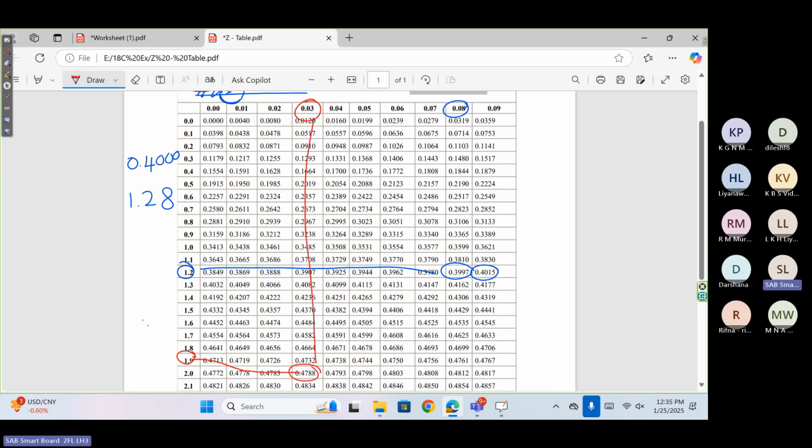Then this is the probability value: 0.4732.